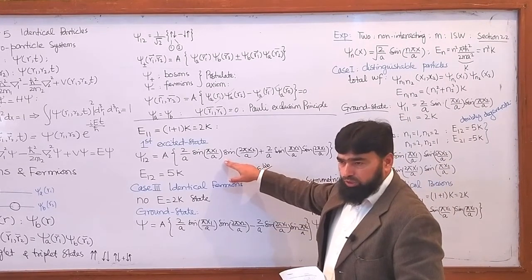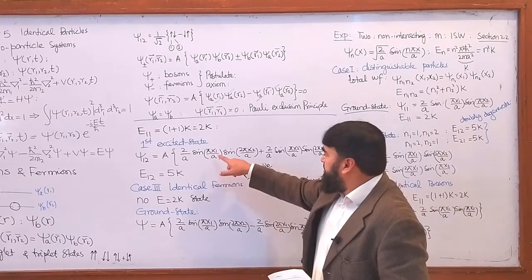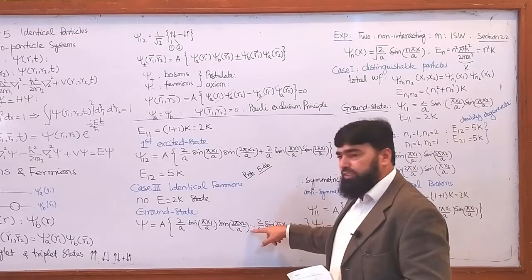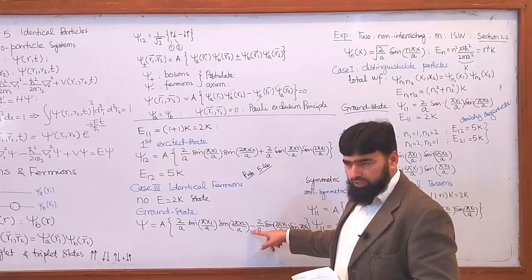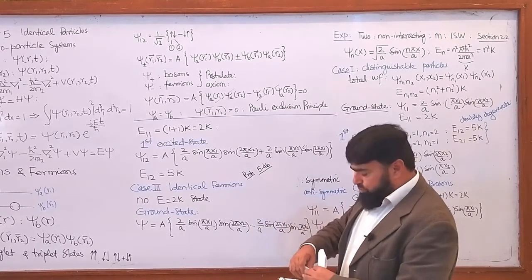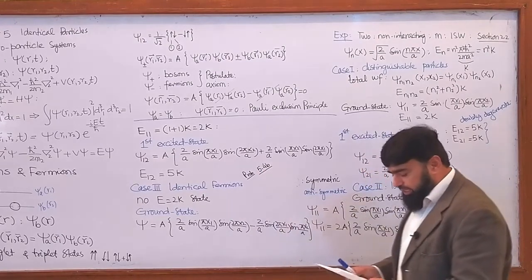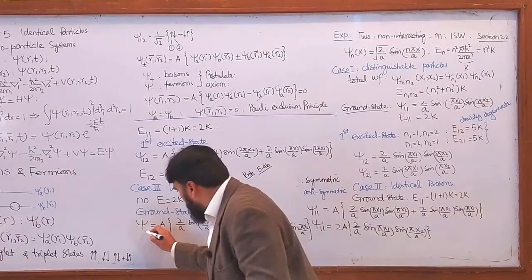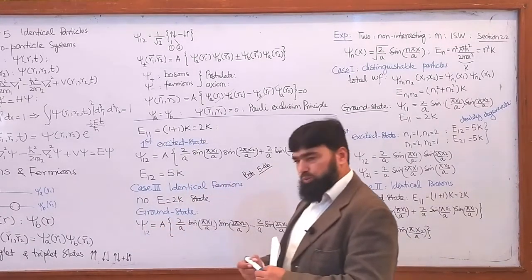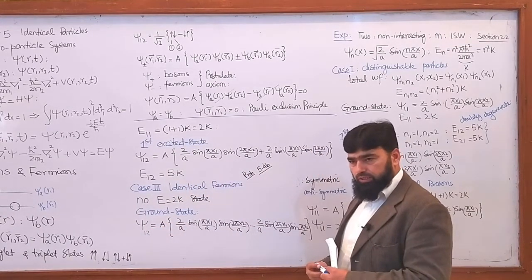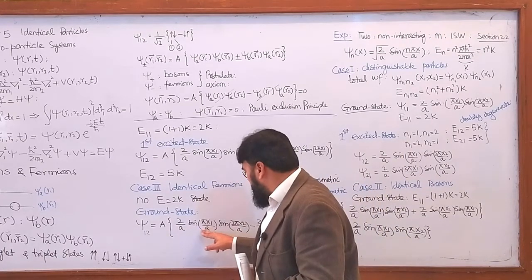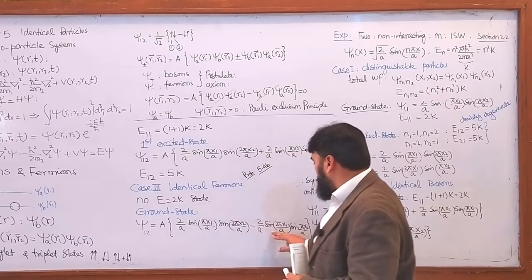The states are different because here it is pi x1, pi x2, but here is plus and here is minus. And what will be the energy of this state? It is like psi 1, 2. Right? Psi 1, 2. Because 1 is here, 2 is here, then 2 and then 1.